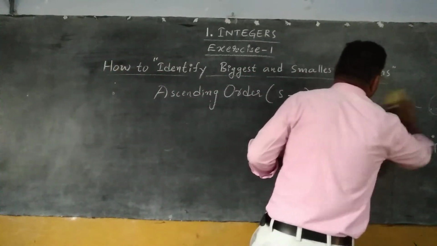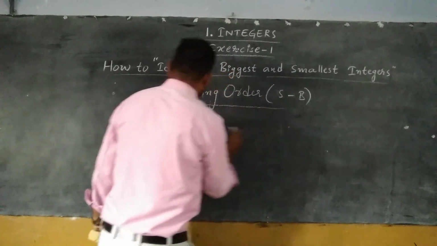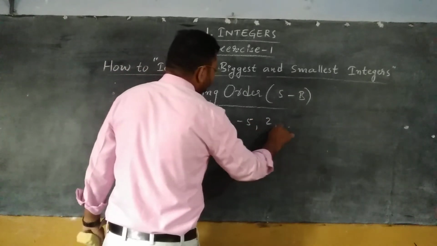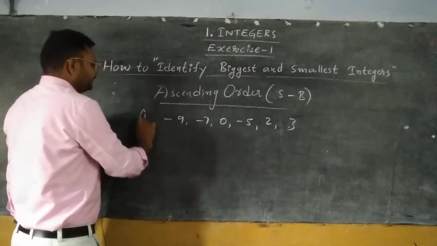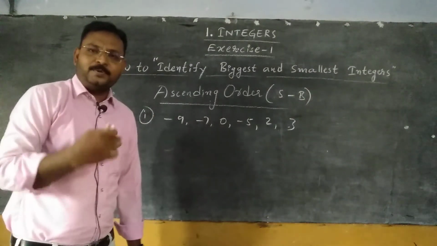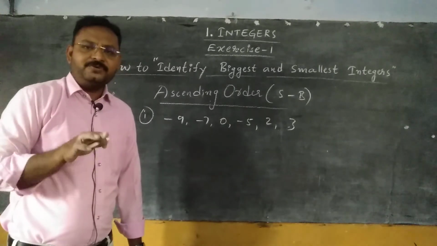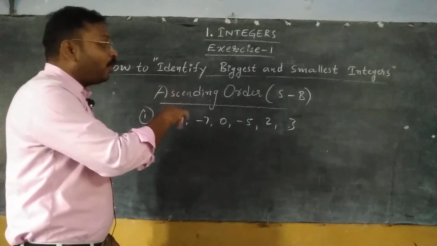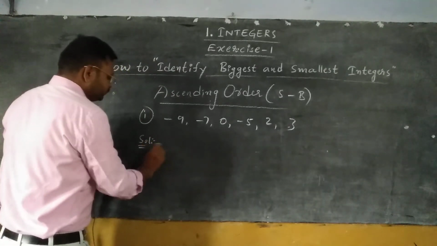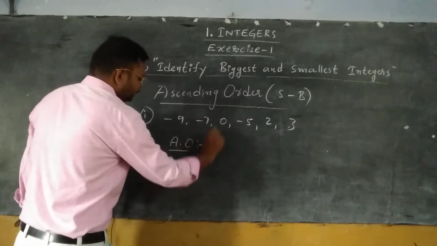Now for ascending order, I will give you some numbers: -9, -7, 0, -5, 2, 3. Some are negative, some are positive, and 0 is also there. Ascending means small to big. Which is the smallest number?